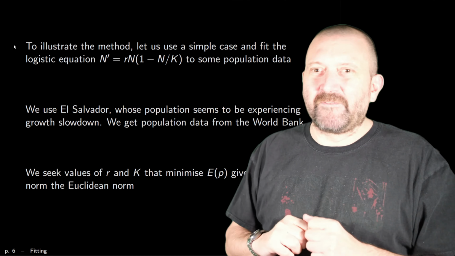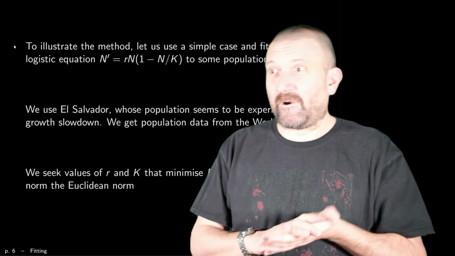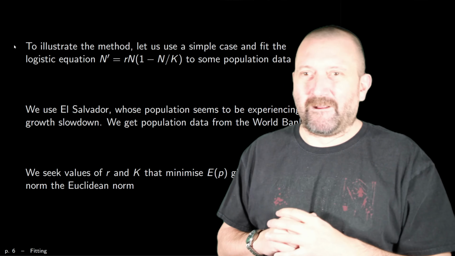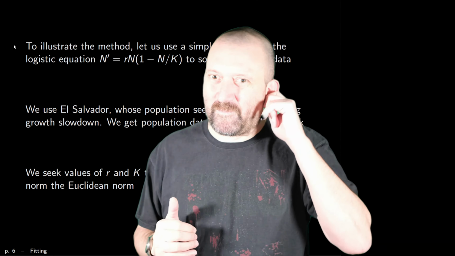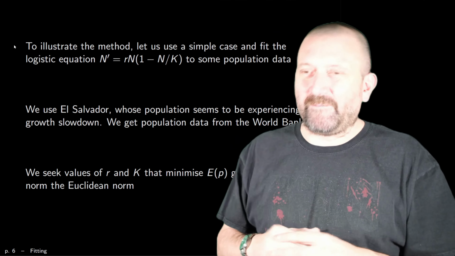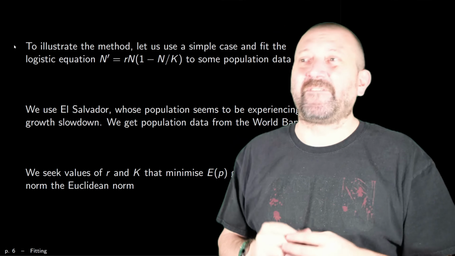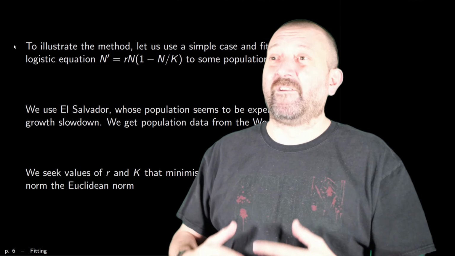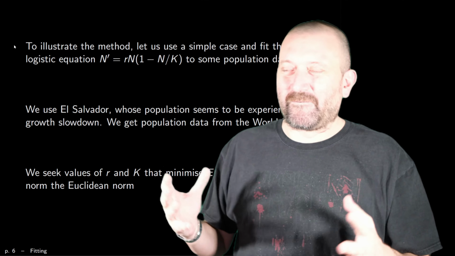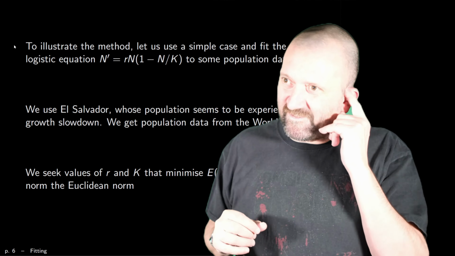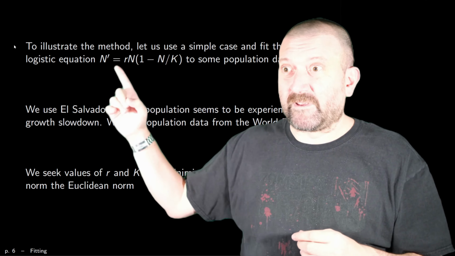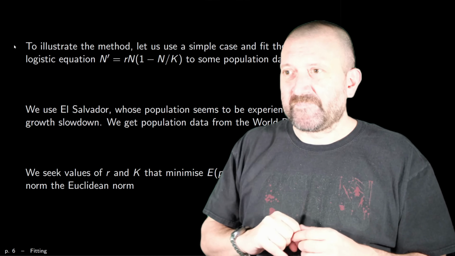Now, I'm going to show you the example with El Salvador, because I went through different country populations, and El Salvador currently seems to be experiencing a population growth slowdown for the last 20 years. Without getting into detail, the solution of the logistic equation typically goes to the value K at the limit.